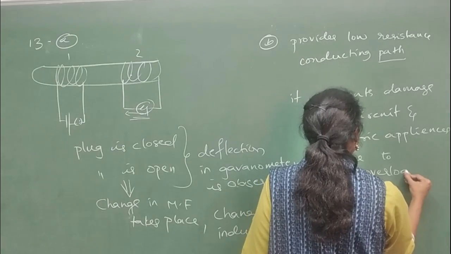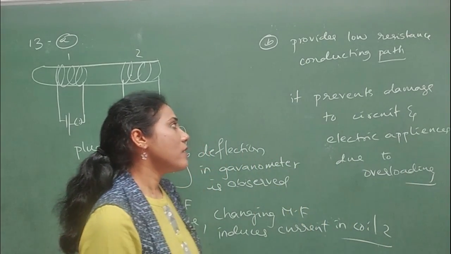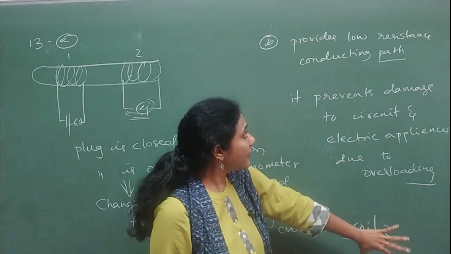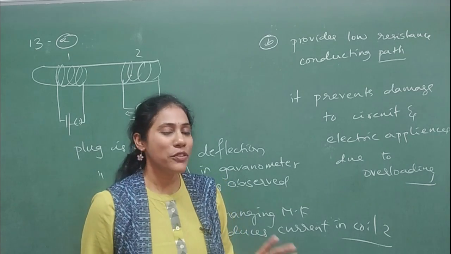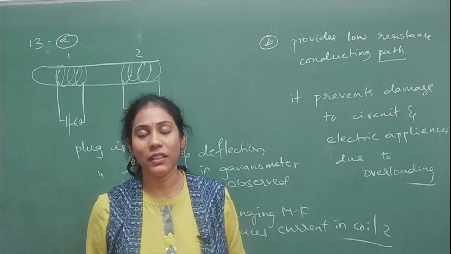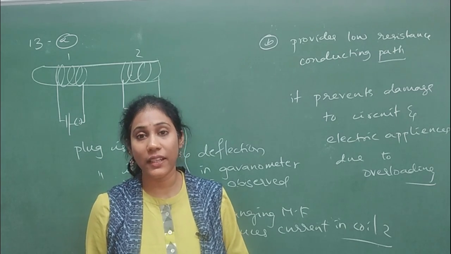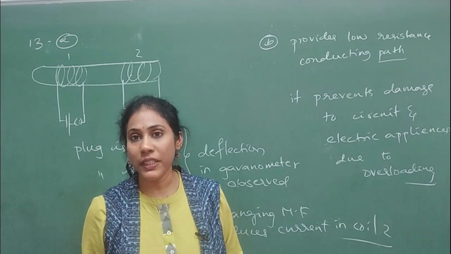In case of overloading, there are many chances of spoiling or damaging electric appliances and circuit. To prevent that, fuse wires can be used. Okay, so these are all very simple questions, right? You can easily write their definitions: overloading, short circuiting, fuse, earth wire, all these are very, very important to learn.